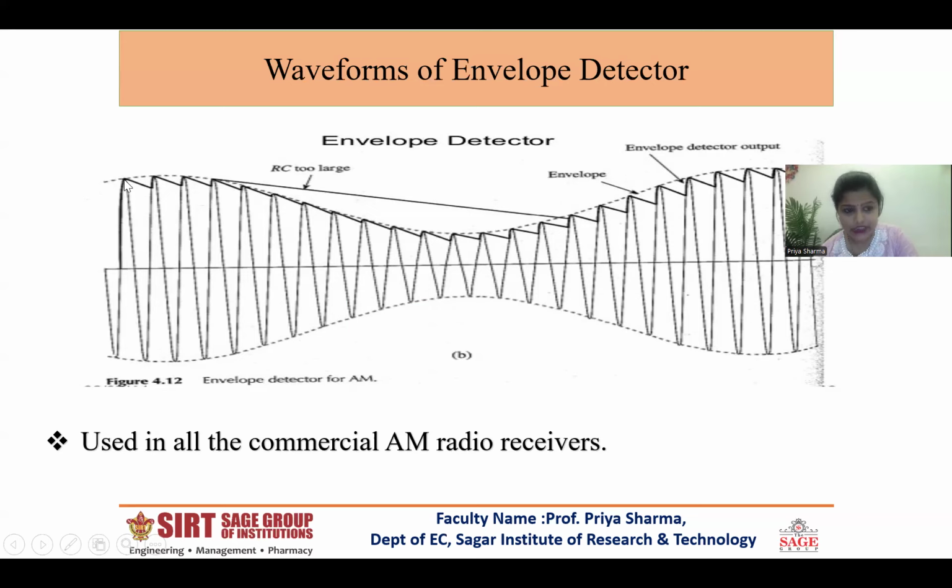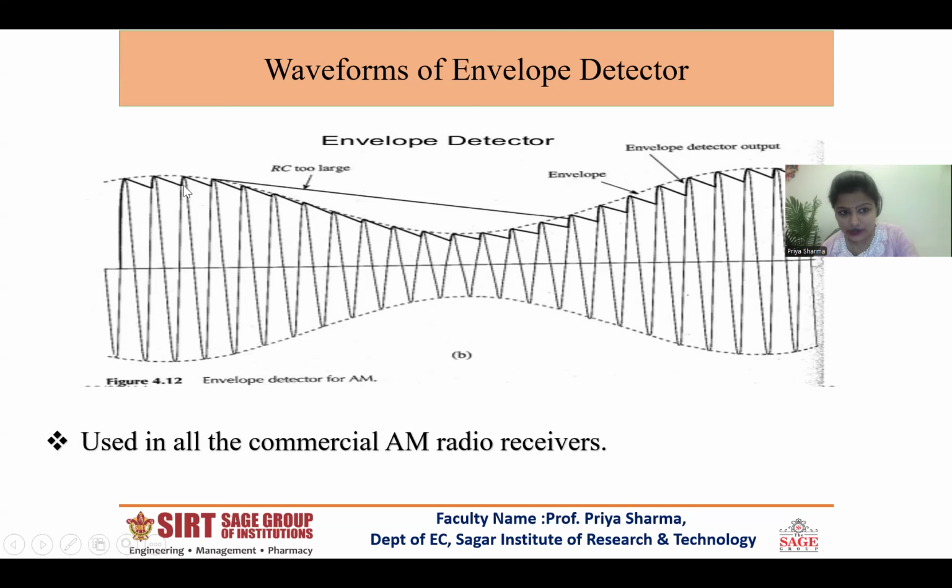When charging reaches its peak level, this is the peak level of the envelope, it will reverse bias the diode. Then the capacitor discharges through R, the resistor which is connected in parallel. As it discharges through R, again the diode becomes forward biased and it starts charging again.